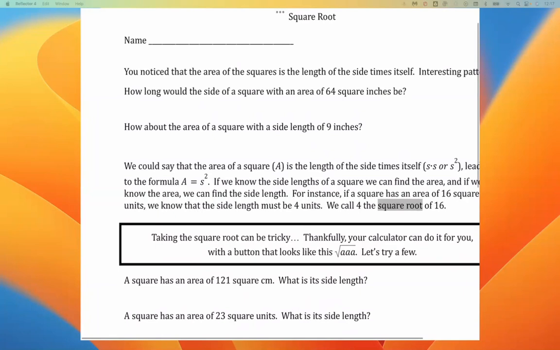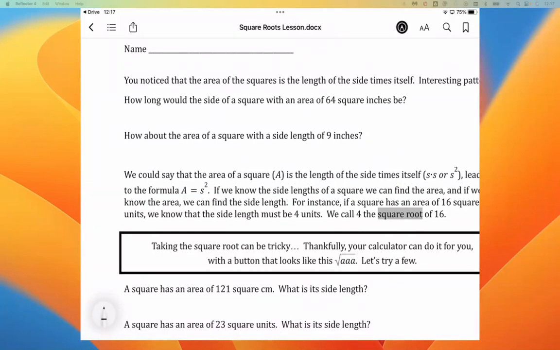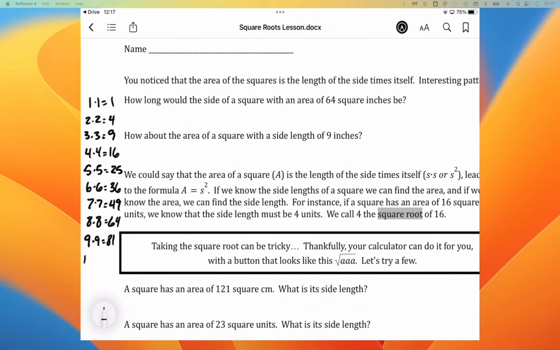So if we had a side length of 1, we would have 1 times 1 is 1, 2 times 2 is 4, 3 times 3 is 9, 4 times 4 is 16, 5 times 5 is 25, 6 times 6 is 36, 7 times 7 is 49, 8 times 8 is 64. We'll just go to 10. 9 times 9 is 81, and 10 times 10 is 100.